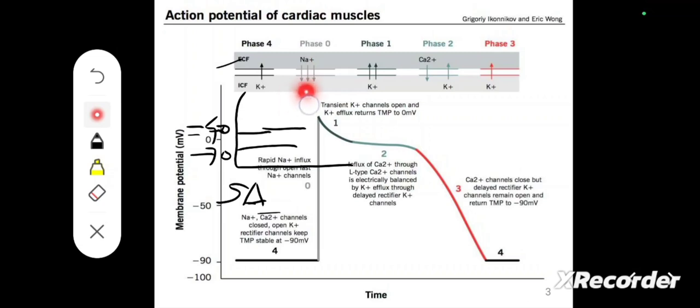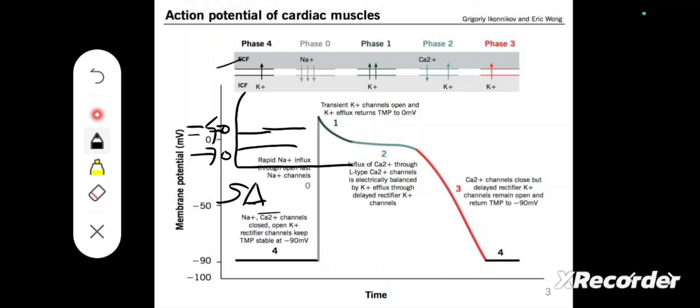drifts upward until it reaches minus 40 millivolts. At that threshold potential, at minus 40 millivolts, funny channels open and allow a slow influx of sodium, resulting in depolarization.